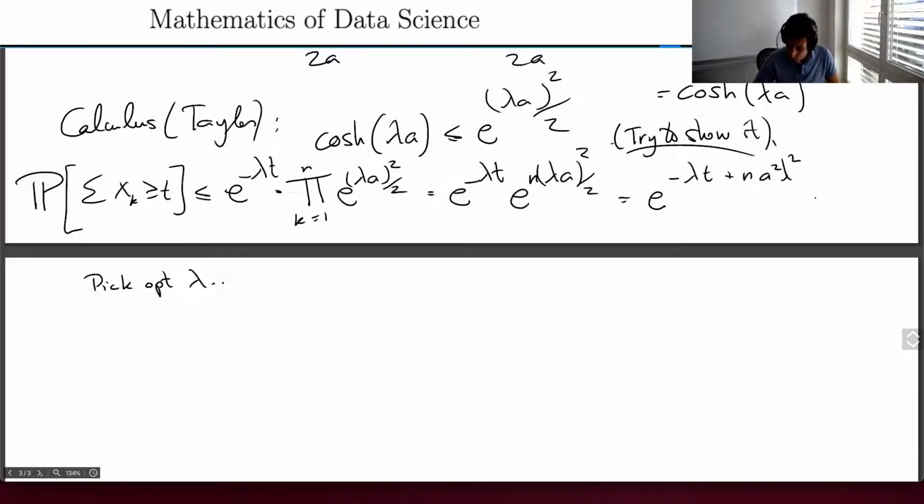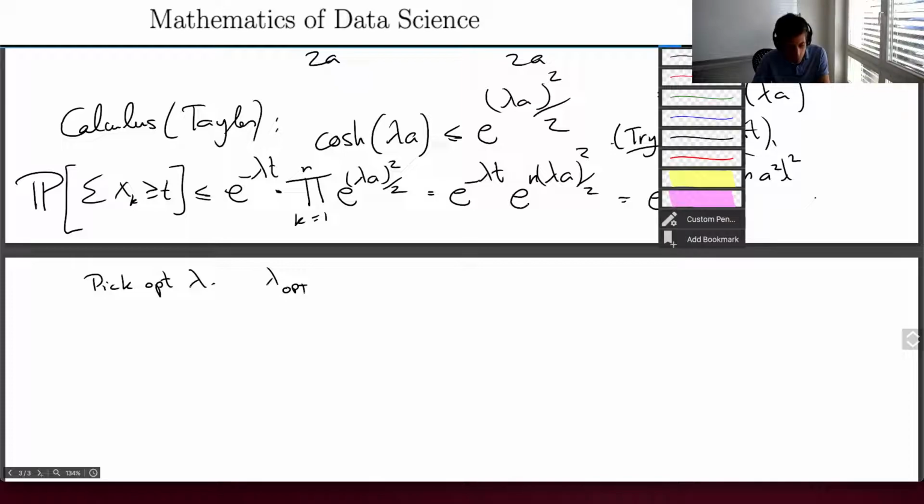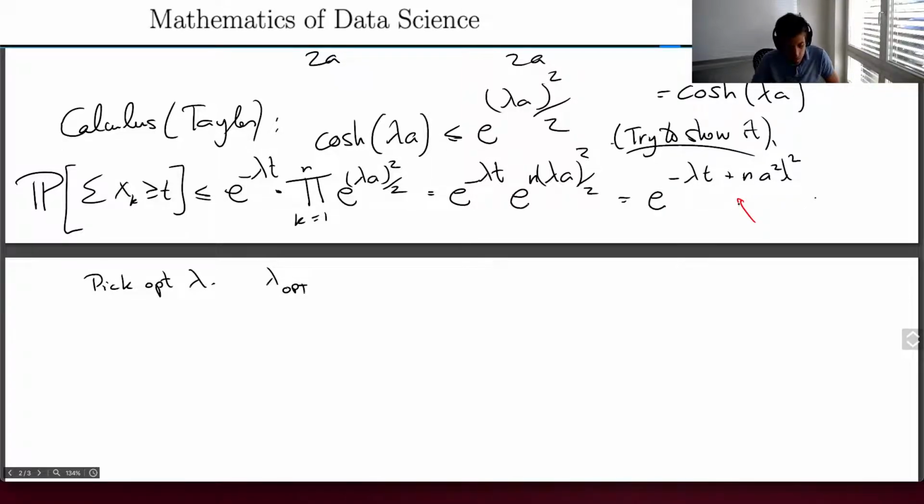We just have to take the derivative of this and set it to 0. There was an over 2 missing. And if we do this, then lambda opt is equal to t over n a squared.